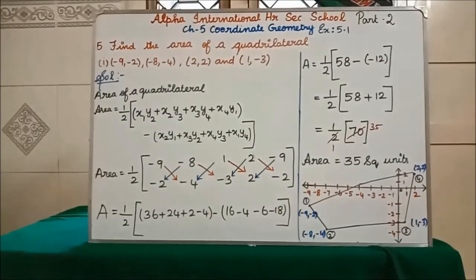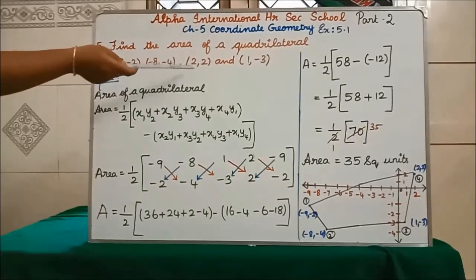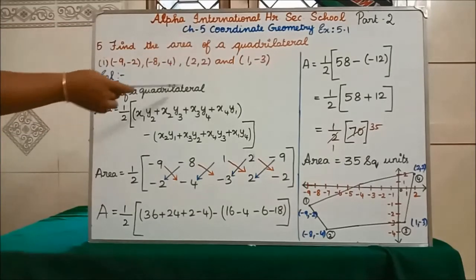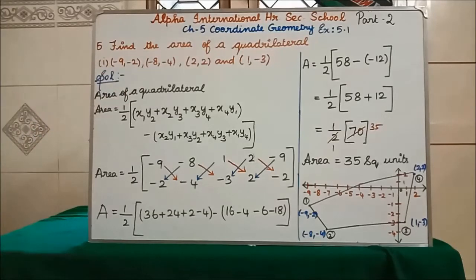This is our 5th question. Find the area of a quadrilateral. They have given the 4 vertices: minus 9, minus 2; minus 8, minus 4; 2, 2; and 1, minus 3. I have written area of a quadrilateral. What is the area of the quadrilateral formula?